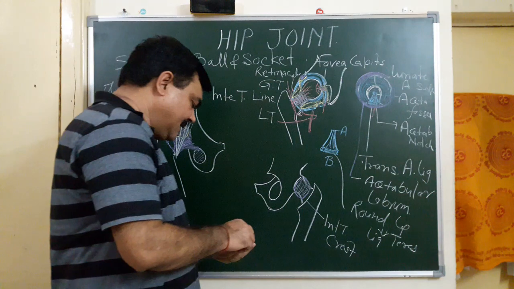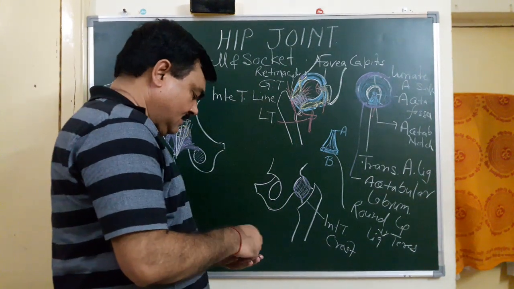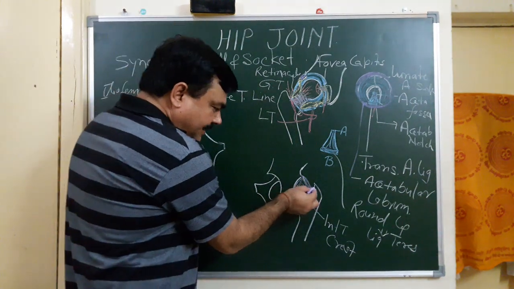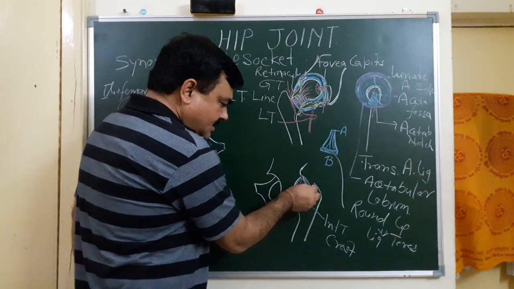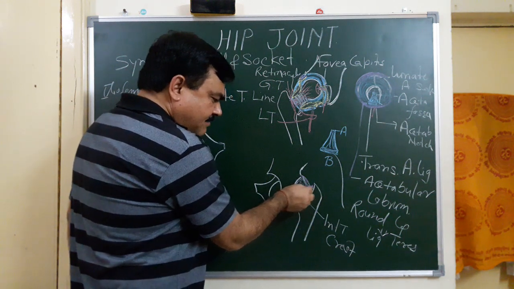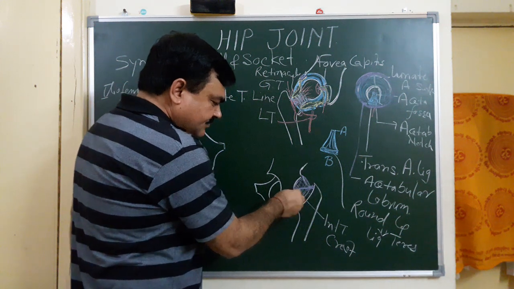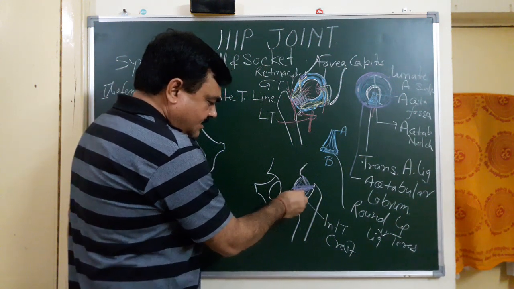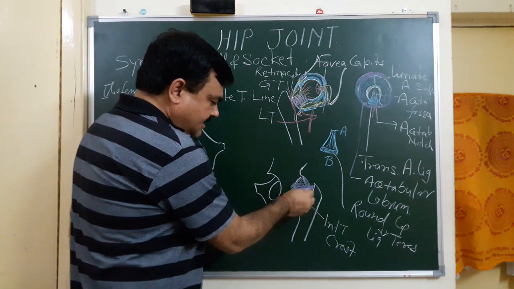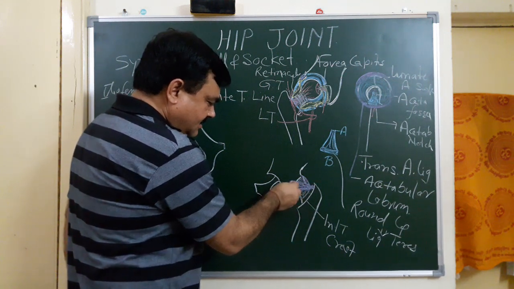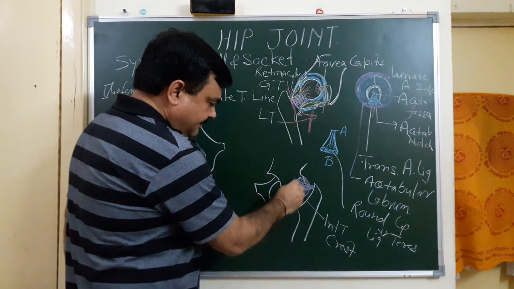Posteriorly, there is the attachment of the ischiofemoral ligament. Here is the greater trochanter, and some fibers are attached to the greater trochanter. This is attached to the ischium here.